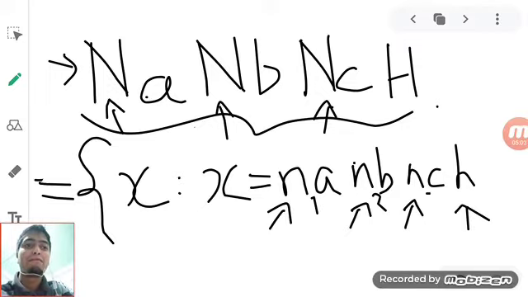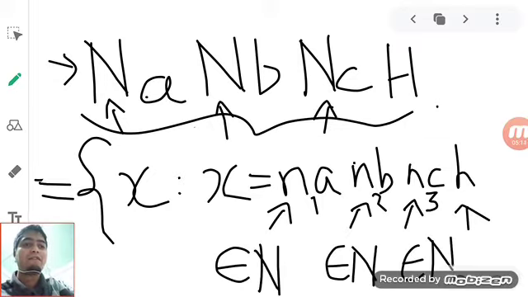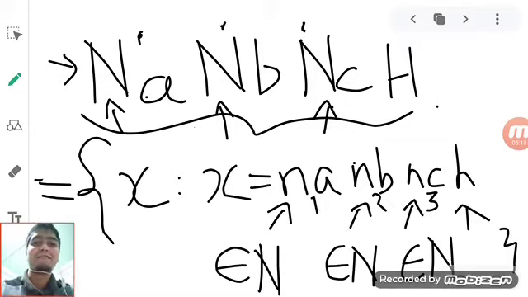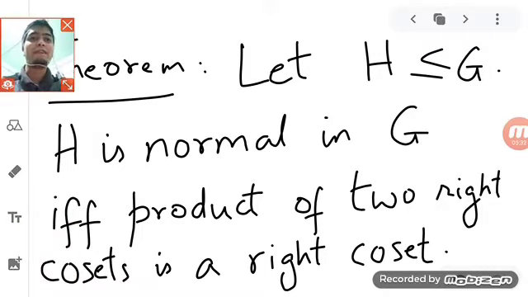That is why we will be writing n1, n2, n3, where n1 belongs to N, n2 belongs to N, and n3 belongs to N. So if the same big letter occurs more than once, you have to use subscripts like n1, n2, n3, and so on. Similarly for H, you can do the same. With that being said, let us learn this new theorem, Theorem 3.